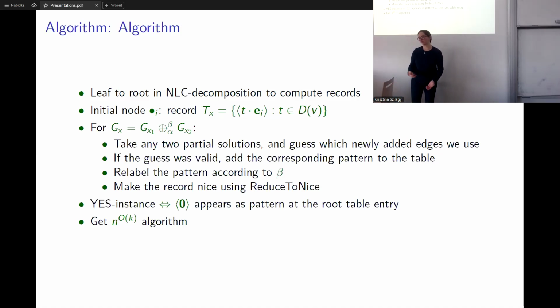A zero vector here, as a pattern, just means that we have some partial solution where each label has requirement 0, which means that we fulfilled all the degree constraints. In total, we get this n to the O of k algorithm.